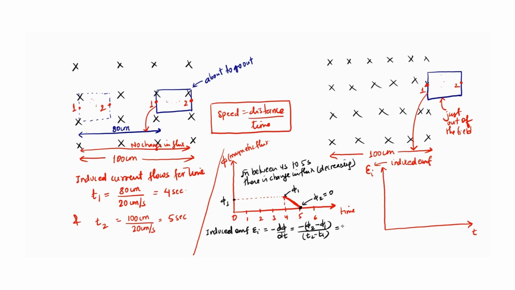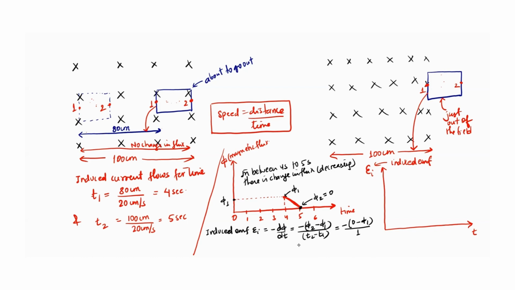So we can write in this way, minus 0 minus phi 1, and this is T2, and this is T1. So we have this, 5 minus 4, this gives me 1. Clear?